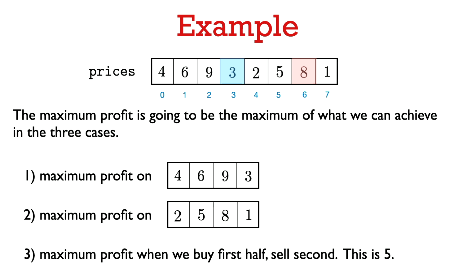In this case, we can directly solve. We see that the minimum value in the first half is 3, the maximum value in the second half is 8. So the maximum profit in this case is 5. So the third case we can directly solve, and the first two cases we're going to solve recursively.